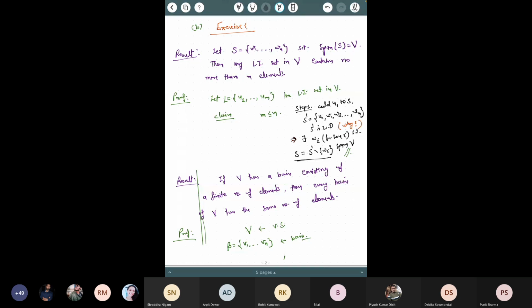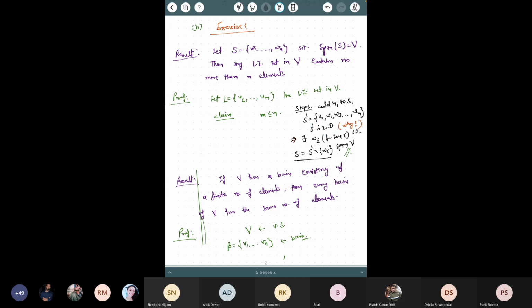After m steps here, you will see that there are two situations. If after m steps there is no wi left to remove, then that would be a contradiction to the linear dependence lemma.